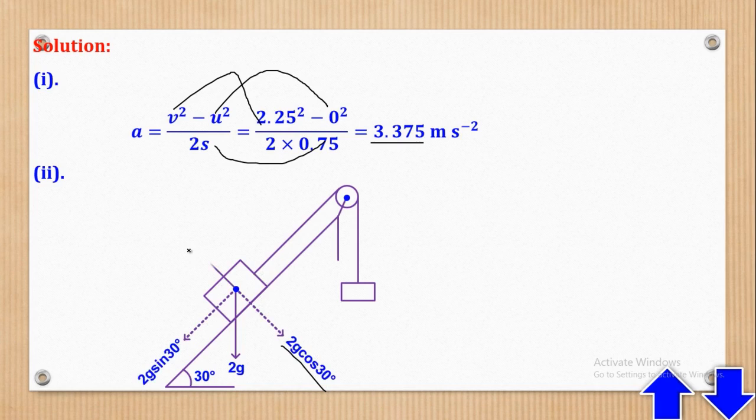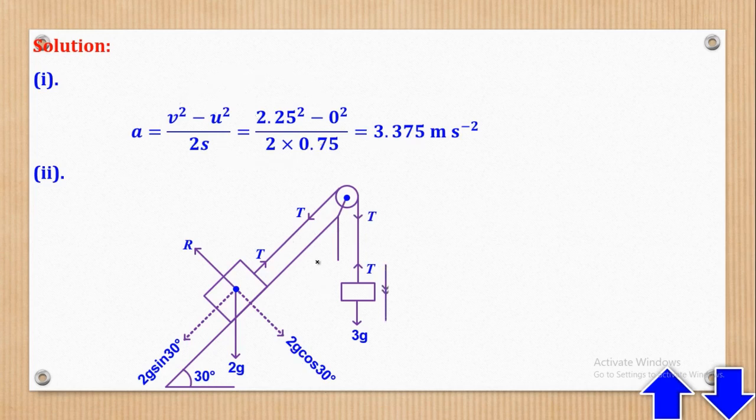The normal reaction will be capital R. The tension here will be up the plane, here to be down the plane. Then here the weight will be 3g, and here the tension will be upwards, here to be downwards. Then the acceleration: this one moves downwards and this one moves upwards.